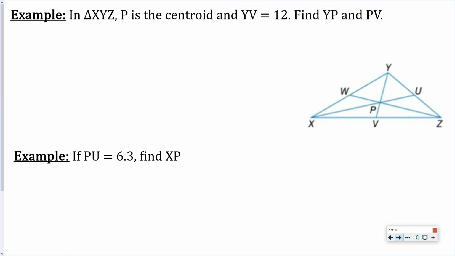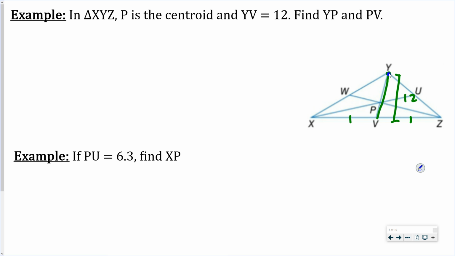All right, here's an example. In triangle XYZ, P is the centroid. So it's where my medians intersect. They're telling me the distance of YV is 12. Find YP and PV. Okay, so let's label what we're given here. YV, this whole median, from vertex Y to this midpoint, that whole distance is 12.